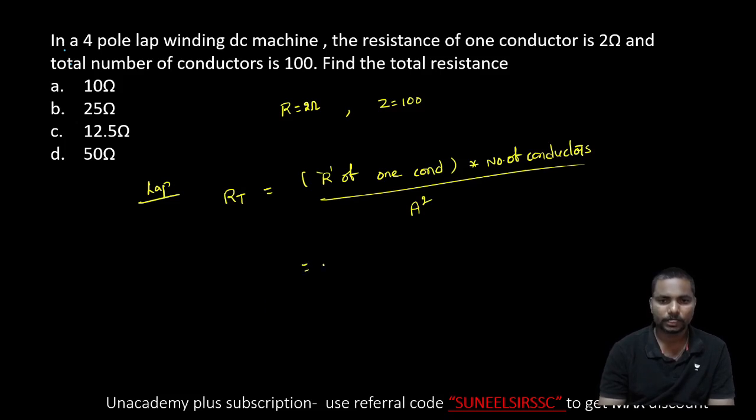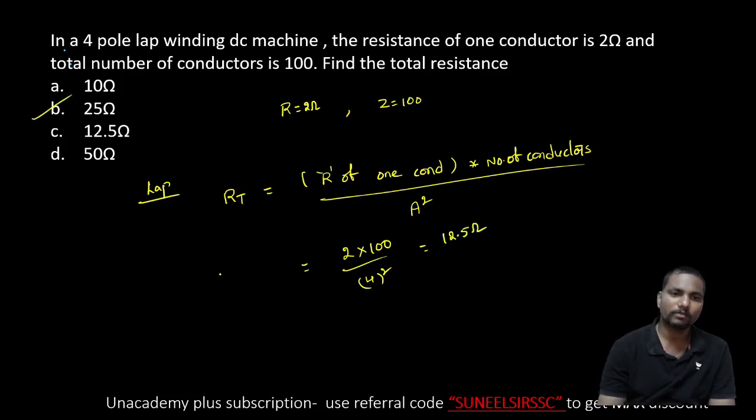If you take 2 ohm, 100 conductors, and 4 square, you get 200 by 16, that is 12.5 ohms.